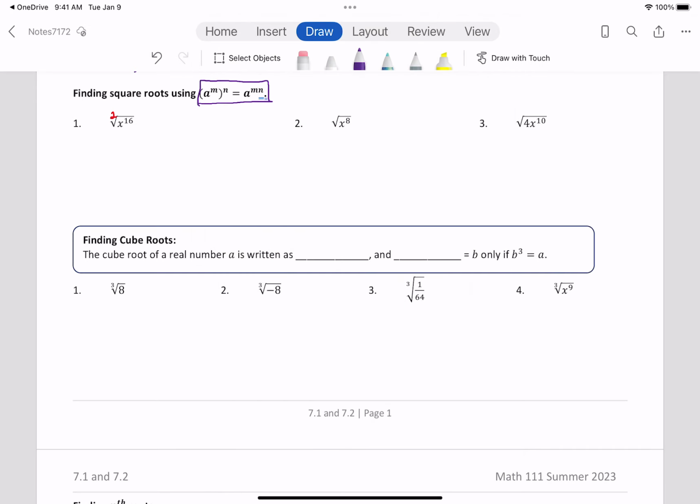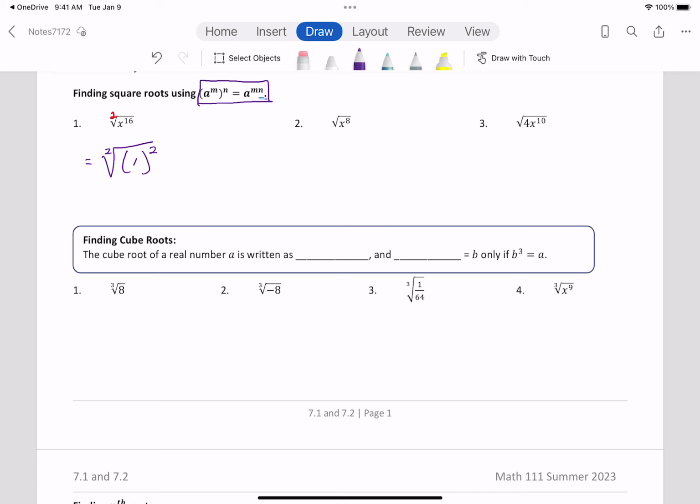What I want to end up with is the square root of something to the second power so that I can reduce or cancel those 2's, right? So we can use that rule.